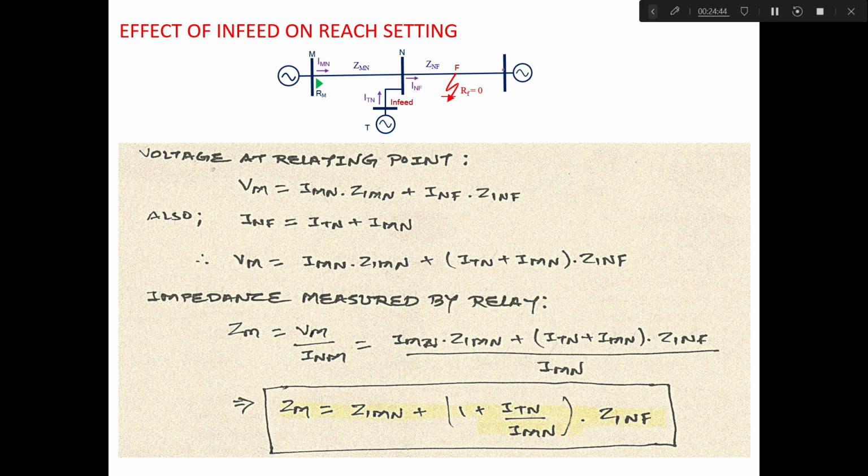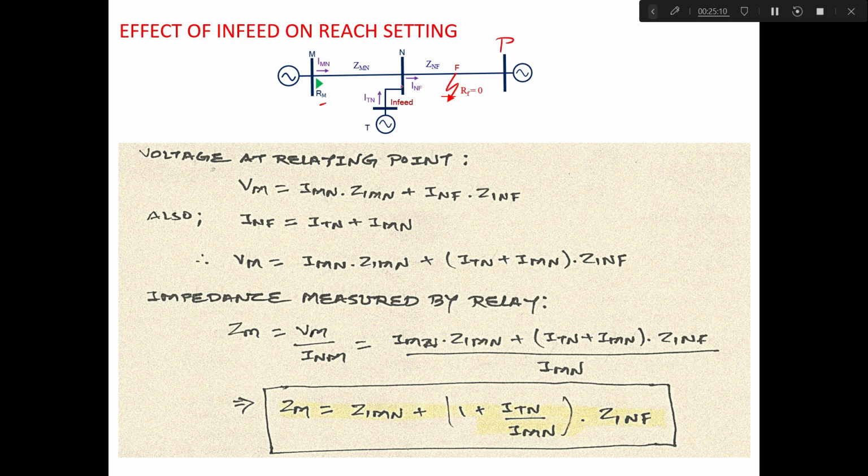Now consider a four bus system, that is M, N, P, and T. There are three sources, one at bus M, one at bus P, one at bus T. Now the relay at this bus M is Rm. The current flowing from this bus M to N or up to the fault point will be Imn.